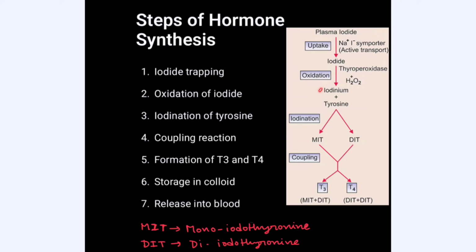Then iodinium binds with tyrosine. Then after iodination it forms MIT and DIT, which is monoiodotyrosine and diiodotyrosine. After that, coupling occurs, and after coupling, one MIT and one DIT forms T3, and two DIT together forms T4.